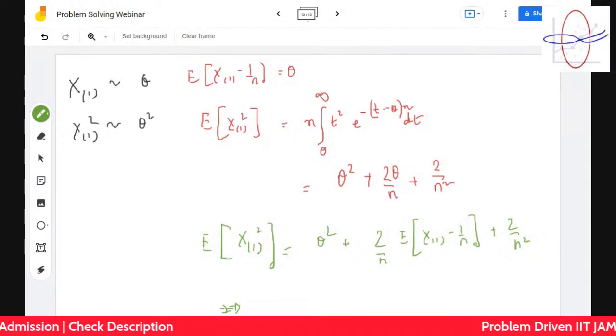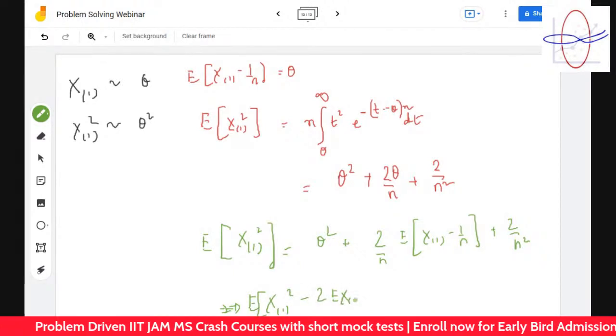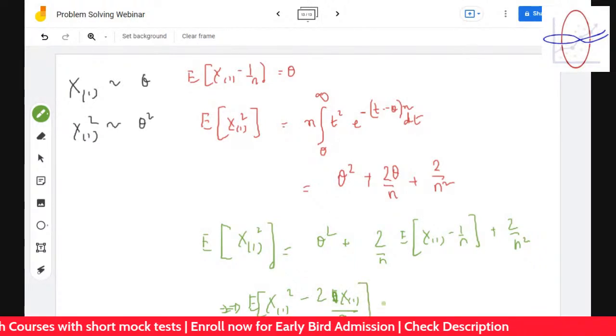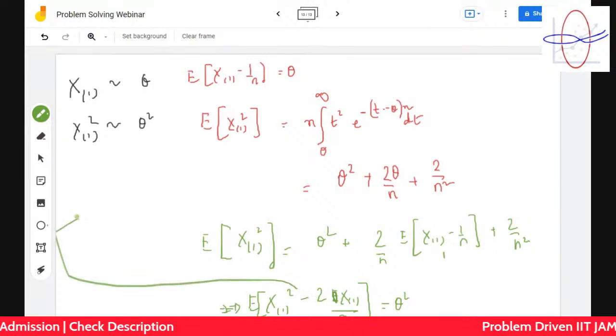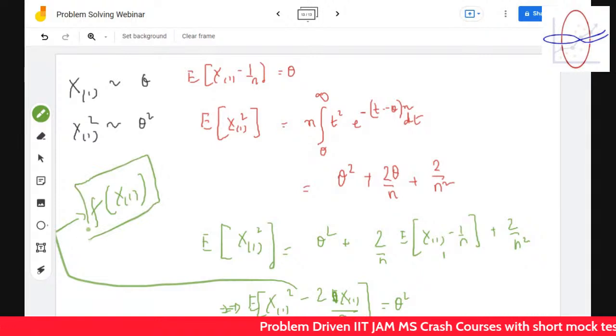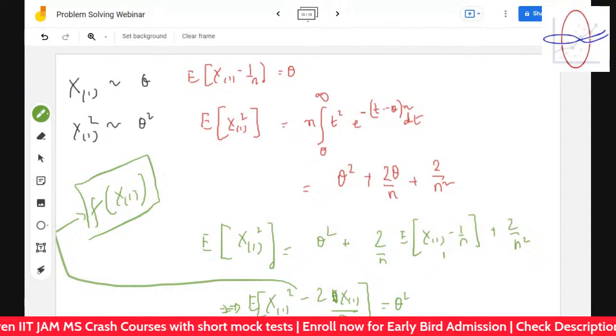If we add it, this gets cancelled. So we get that expectation of this minus twice x1 by n is theta square, because this gets cancelled, and therefore this is the f of x1, which is the UMVUE. Did you understand this, guys? The way we are doing it? It's very, very important, guys.